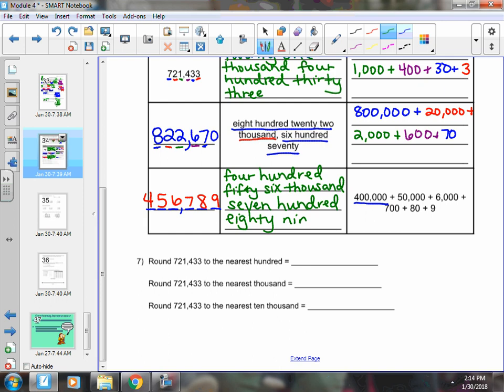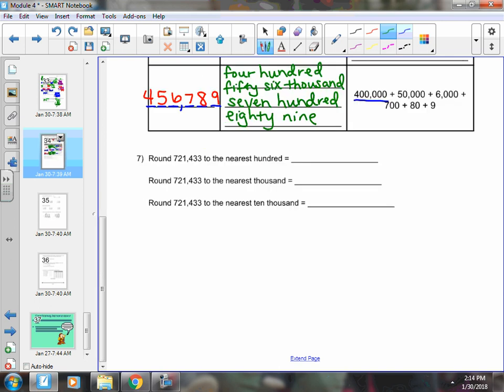The last one on the page, we are rounding the same number to different things. So the first time we're rounding to the nearest 100. To figure out what to do, we look at the digit that comes after. It's a 3. A 3 tells us to keep it the same. So I'm going to keep that 4 a 4, make everything else a 0. The second time, we're going to round to the nearest 1,000. So we look at what comes after, and it's a 4.